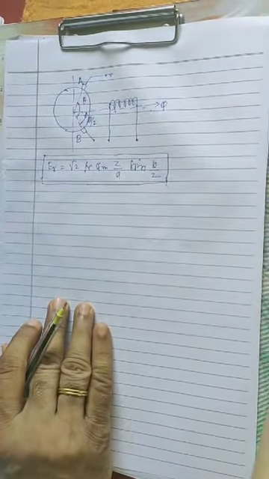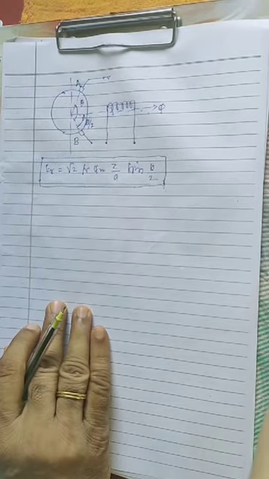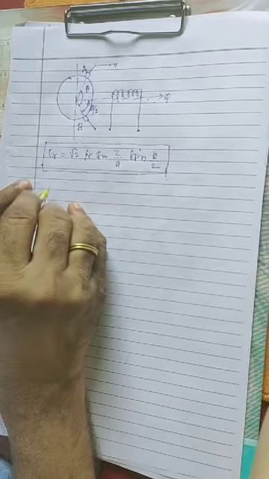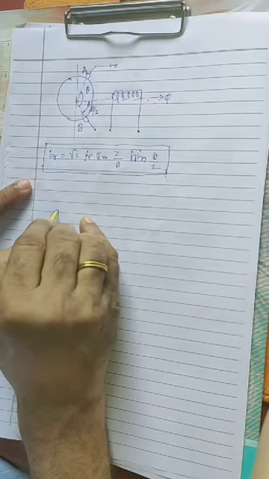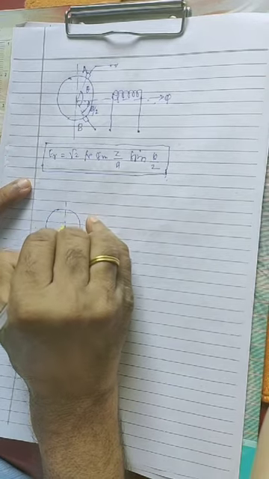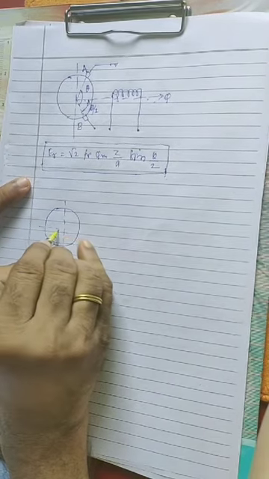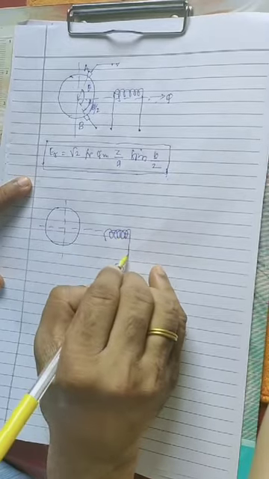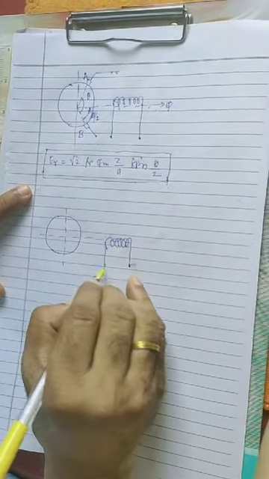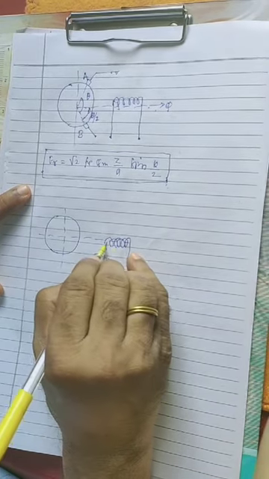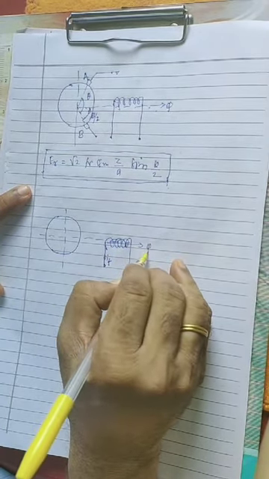Now in the third case, suppose this is the armature. This is the field winding across the AC supply. So alternating current IF, this is the flux.